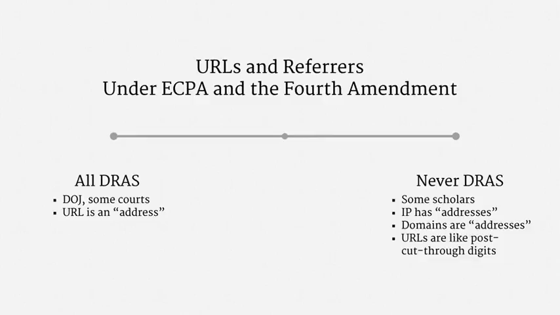Legal academics have argued that post-cut-through digits are the best analogy for URLs. They're information provided only after you've made a connection to a business. A final argument for this perspective is that URLs inherently give away content. If you're looking at a book on Amazon.com, for example, the URL probably has the name of the book in it.